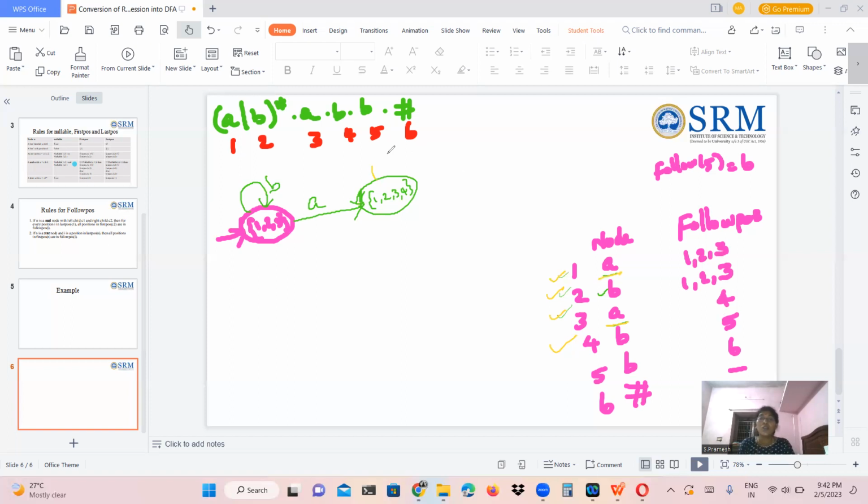Same state. So I'm going to give a self loop A. And for the B symbol, this is B and this is also B. So this value is 1, 2, 3, here is 5. So it's a new state. So I'm going from here to another state, that is 1, 2, 3 and 5.